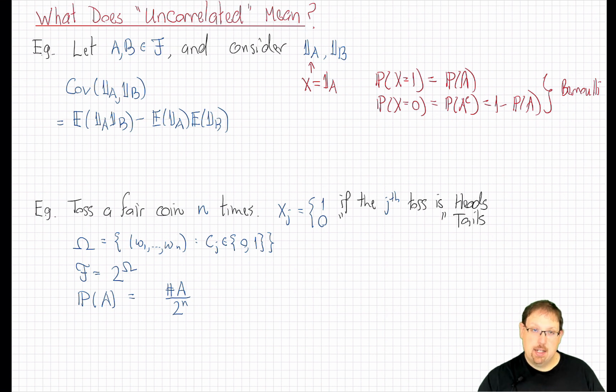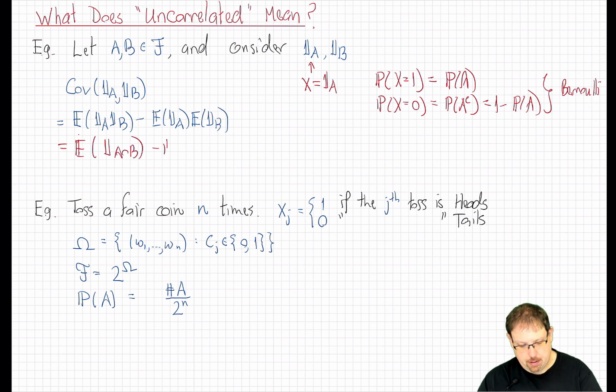So if I take any two Bernoulli random variables like this, their covariance is by definition the expected value of the product minus the product of the expected values, but we know that the product of two indicator functions is the indicator function of their intersection. And now we can write this in terms of the probabilities of those events.